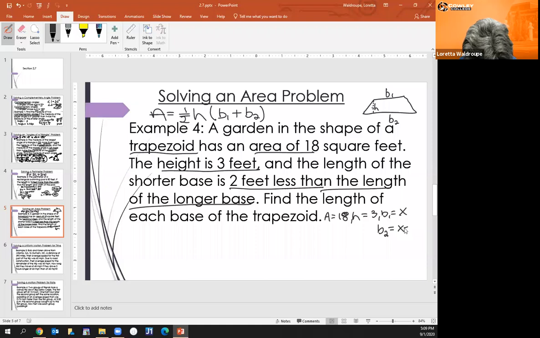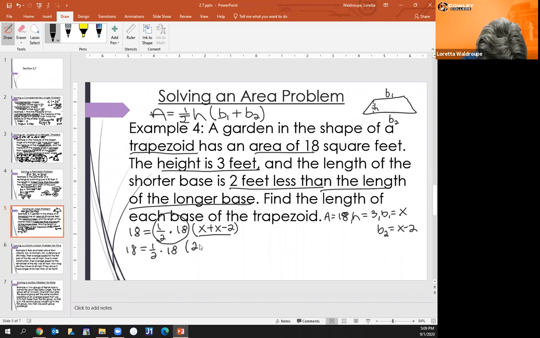So it's going to be X minus 2. So plugging it into the formula, 18 equals 1/2 times H, which is 18, and then X plus X minus 2. We can do the multiplication first, or we can simplify what's in parentheses. It makes no difference.